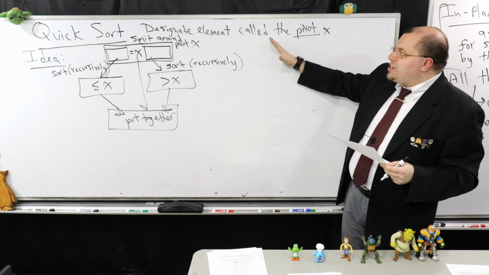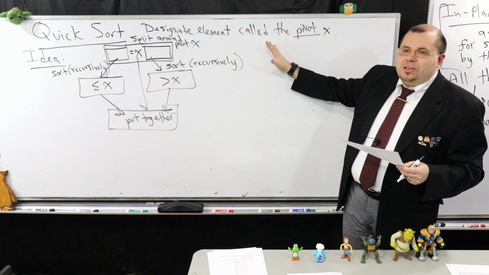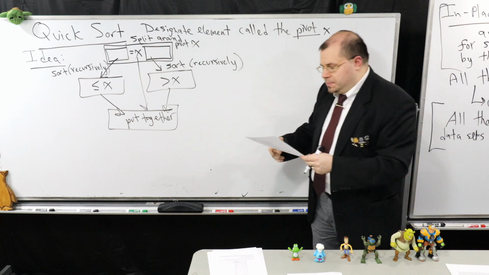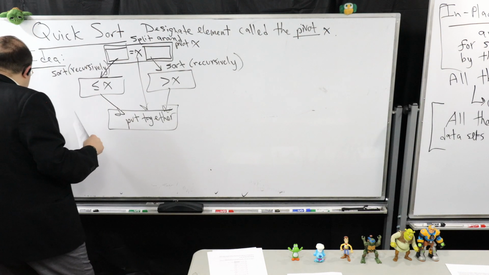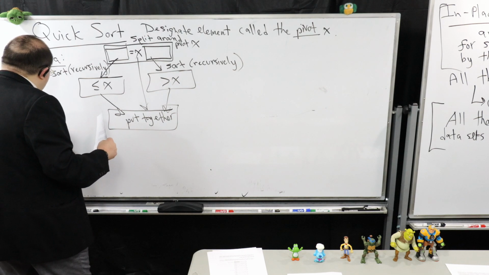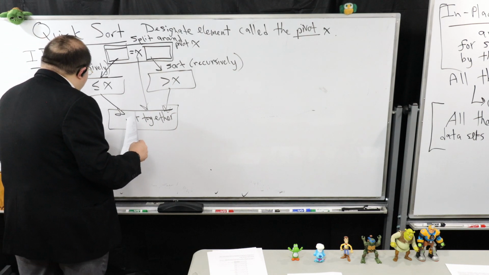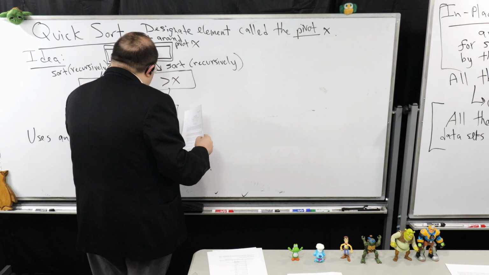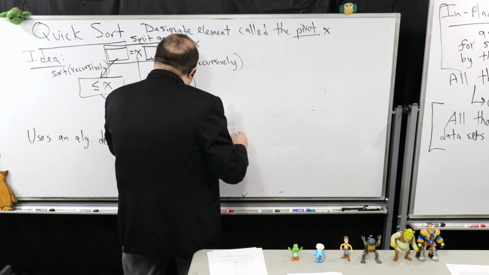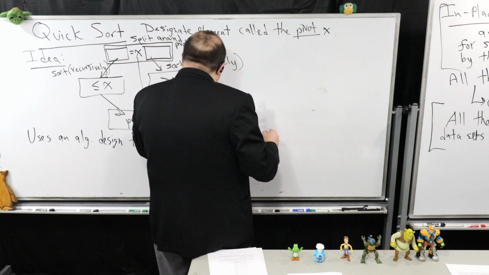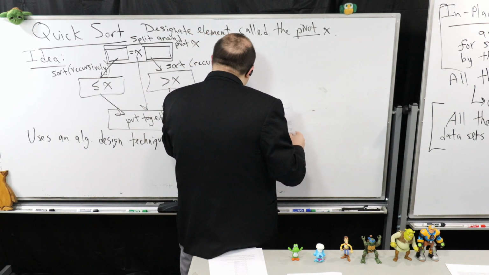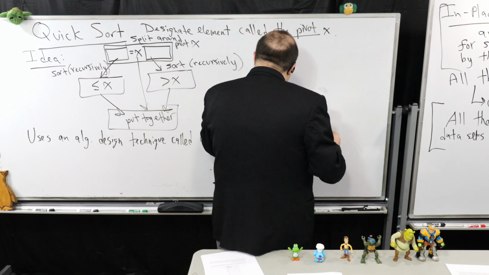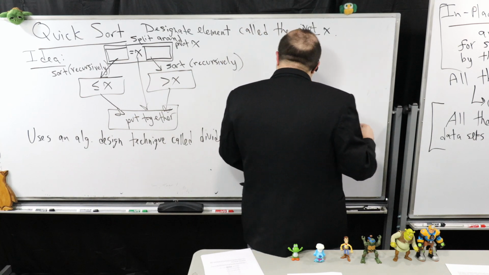Now, Quicksort is an example of an algorithm that uses an algorithm design technique called divide and conquer. So what does that mean?